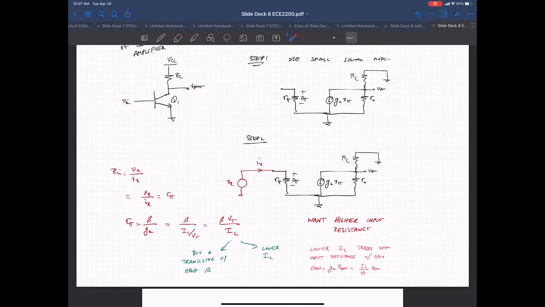You could keep reducing I sub C to increase your input resistance, but if your source has a pretty low source resistance, after a while you don't gain very much once your input resistance goes higher than a certain number, and the reduction in gain hurts you more. So it's a trade-off, and we'll see some examples of that.